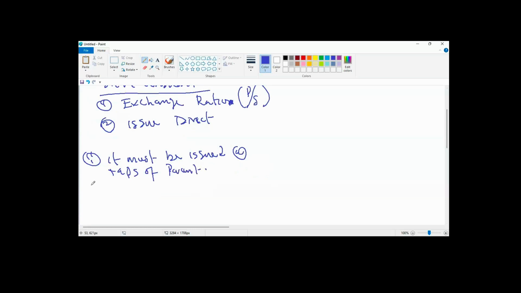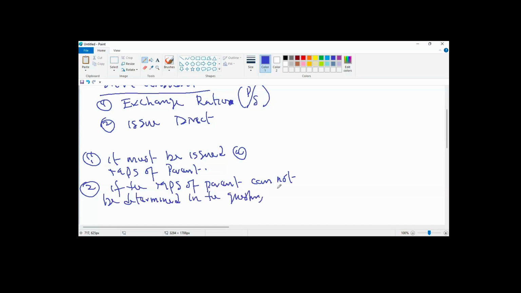That's the first thing. 2, if the market price per share of the parent cannot be determined in the question, then the market price per share of the subsidiary should be used.